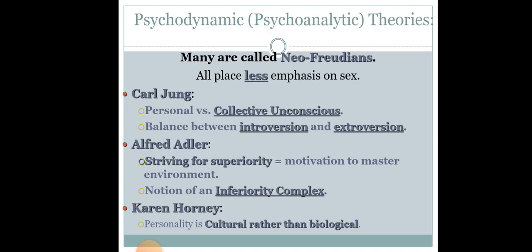Many are called the new Freudians. Why new Freudians? Because it's like an update of Freud's theory. It was for someone called Carl Jung. Here is the personal versus collective unconscious.